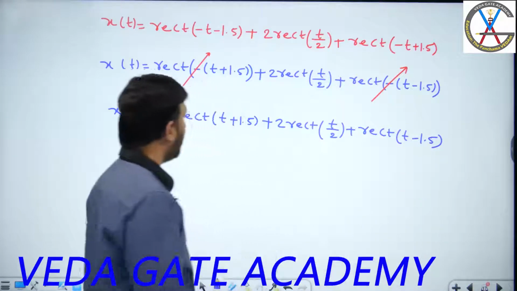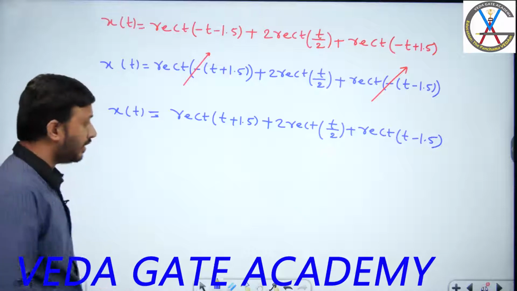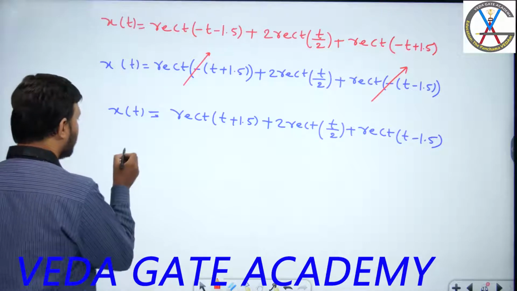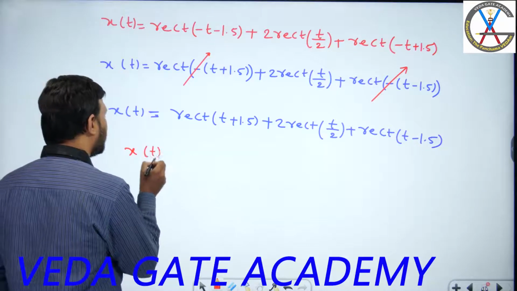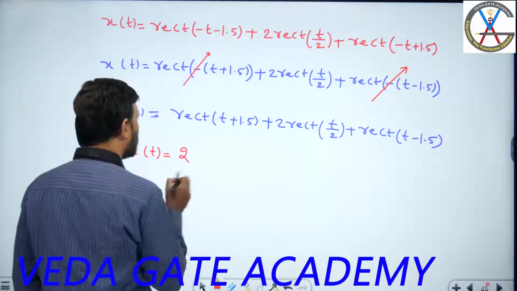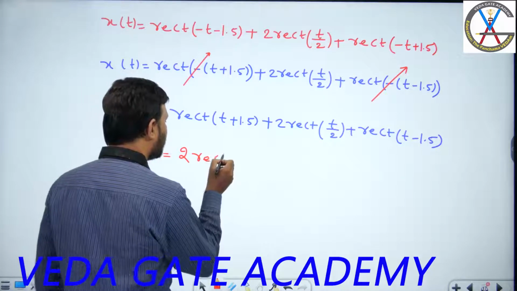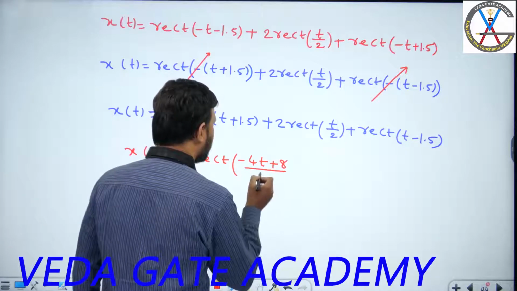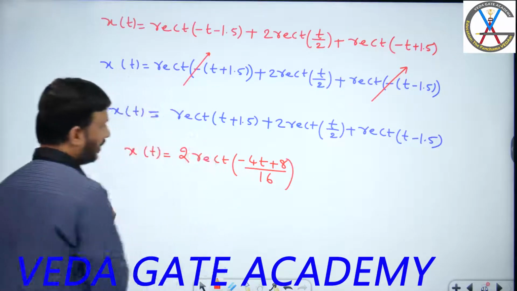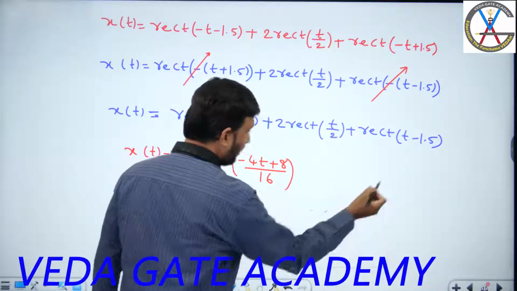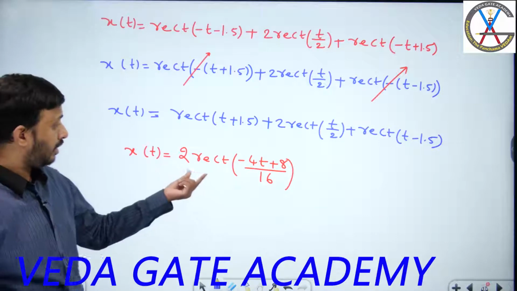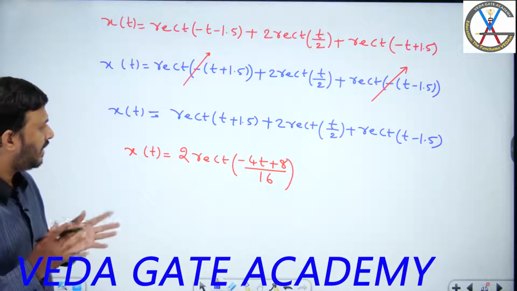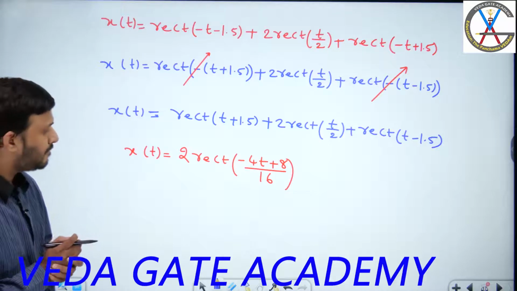Right? Now, after this, what is the other signal I want? I want the shape of the signal x(t) equal to 2 rect((-4t + 8)/16). All of you try this one. Now how are you going to solve this one? Any idea?